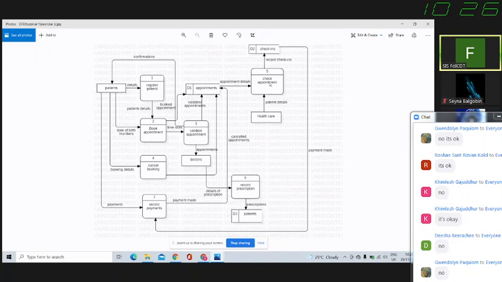Oh, you have record prescription. Yes, good. You have the doctor providing it. You record the prescription. You have patient prescription, and I prefer that you have more inputs to that record prescription, like in the previous one, with the doctor putting prescriptions for patients that have come.